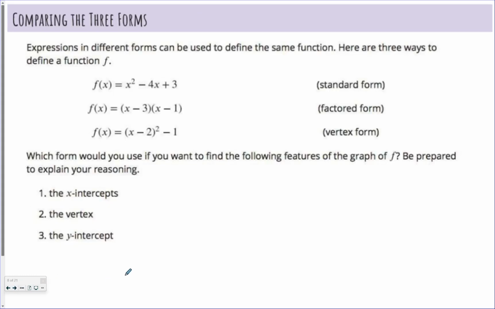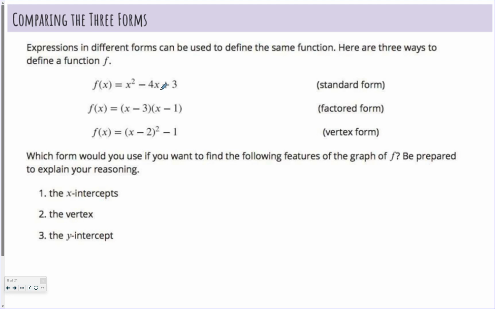Okay. So expressions in different forms can be used to define even the same function. So let's look at this. So we have a standard form, a factored form, and vertex form. Guys, believe it or not, these are the same parabola, and they refer to the same graph. But notice how the numbers are different.